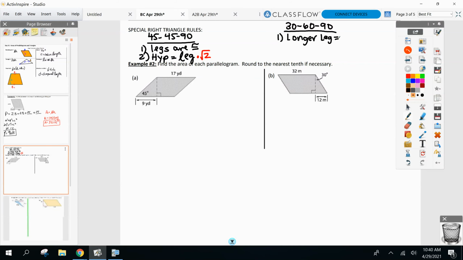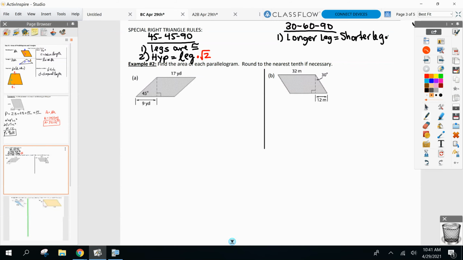Do you remember that one? Yep. Short leg times radical 3. Short leg times radical 3. There we go. Shorter leg times radical 3. That's a multiplication symbol there.